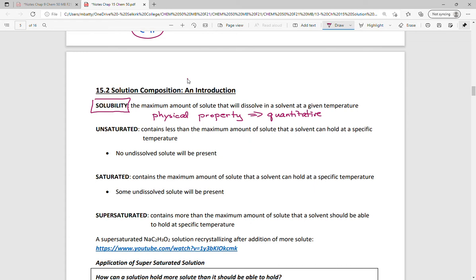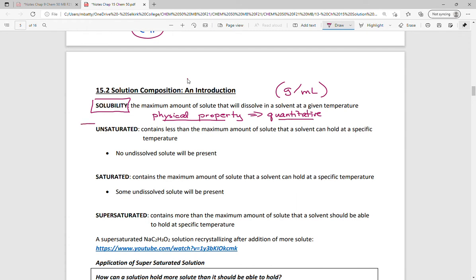And so most of the time it's given in units of grams per milliliter. So many grams of salt will dissolve in a milliliter of water at say 25 degrees. And this is something that, like I say, it's a physical property, much like density is. It's also a quantitative physical property.